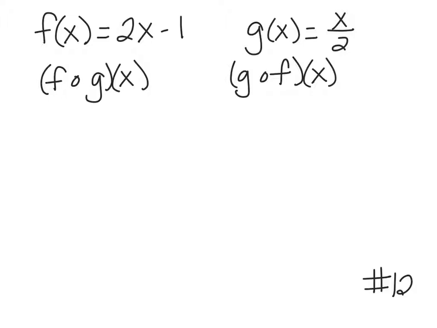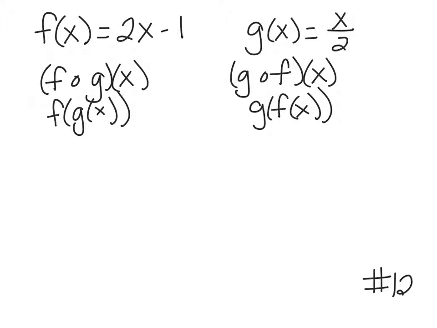Okay, here we're going to find f of g of x and g of f of x. The first thing I like to do is rewrite this. f of g of x, or g of f of x. Okay, we're going to work on this first one. The first thing I'm going to do is start in the middle. What is the function g of x? Well, that's x over 2.